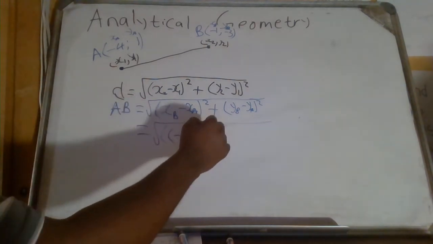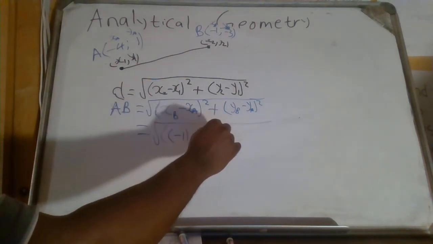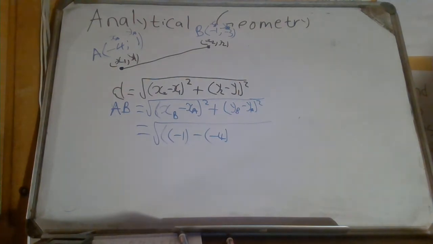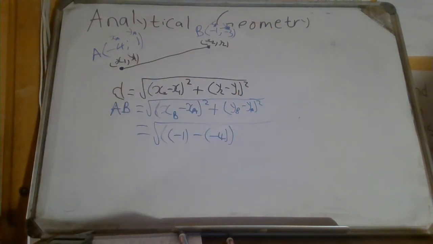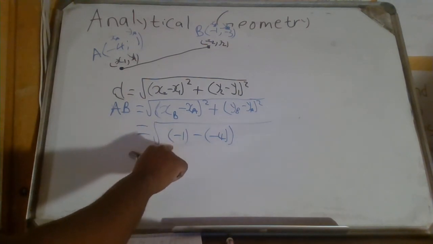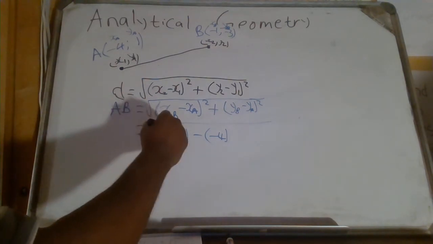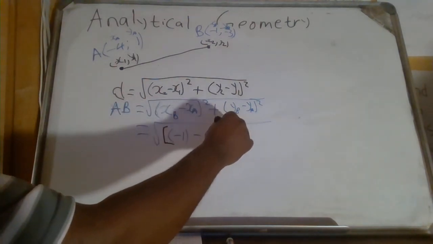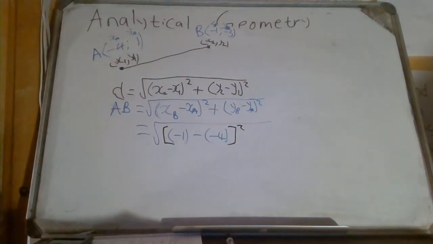So you put another bracket, minus 4. And then you put the brackets of the formula, but just to make these things a little bit easier, let's put the brackets of the formula with different colors. And then they are squared.